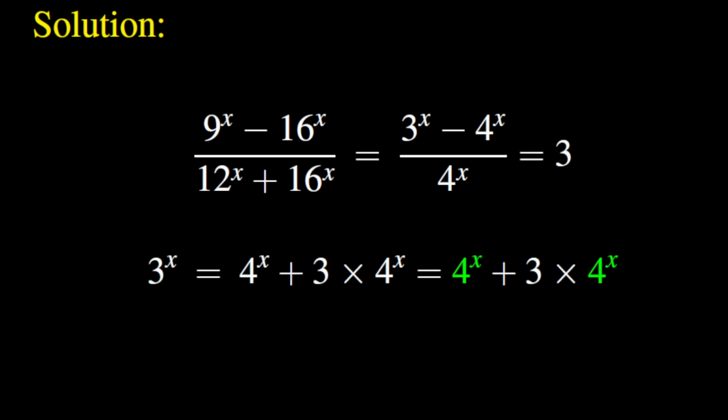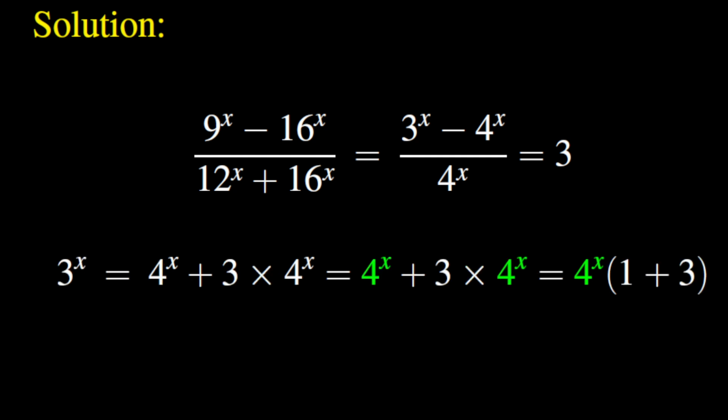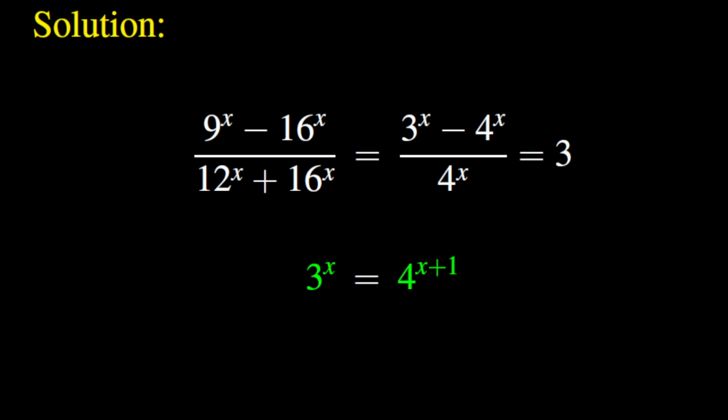We clearly see that the right hand side has a common factor, 4 to the power x. We factor out 4 to the power x and obtain the expression 4 to the power x times 1 plus 3. Consequently, our simplified equation is just 3 to the power x equals 4 to the power x plus 1.